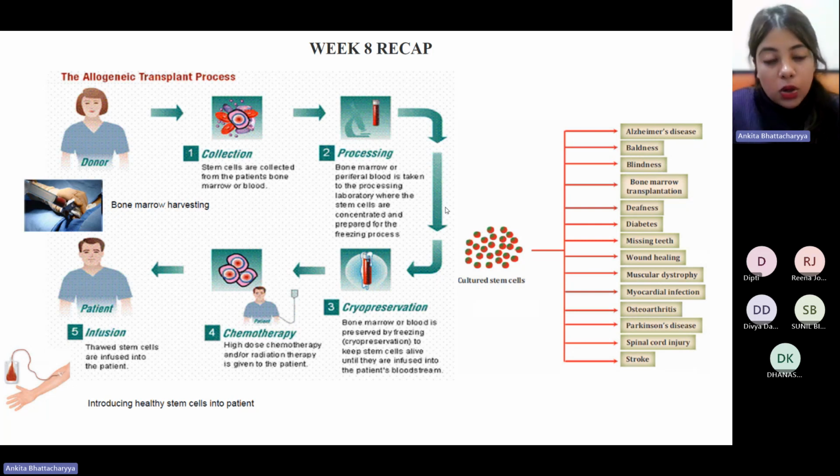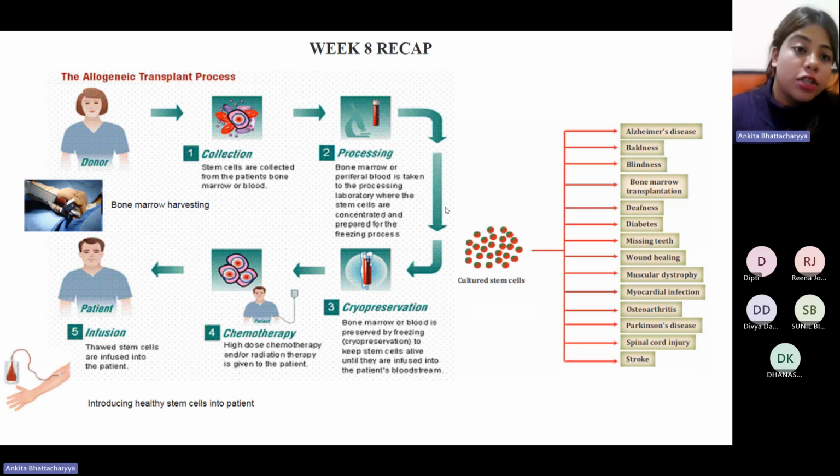So this is autogenic when your own cells are being introduced into you after some reprogramming has been carried out. When there is the transfer of a compatible partner's cells into your body, that is an allogenic transfer.